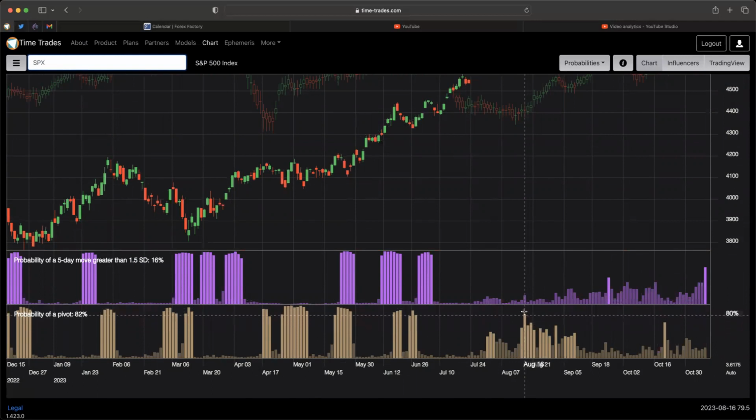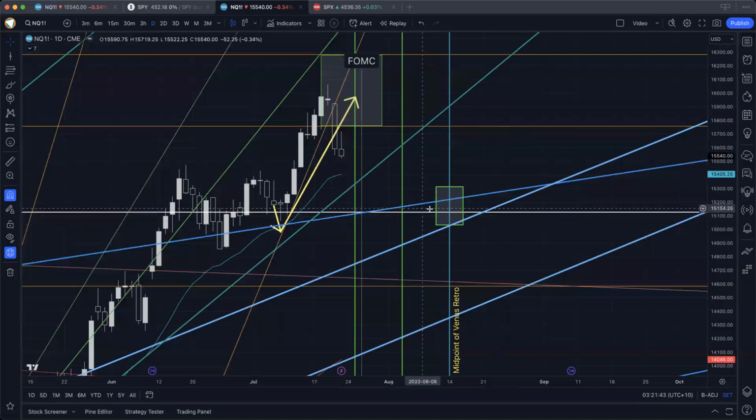This is non-directional, so we don't know if it's a pivot high or a pivot low. That is the reason for me interpreting this pivot as a pivot low and not a pivot high. Okay, so we're just going to add another arrow here.